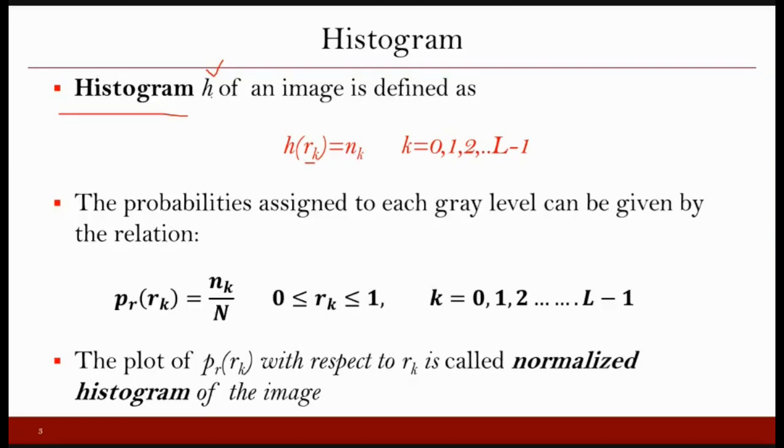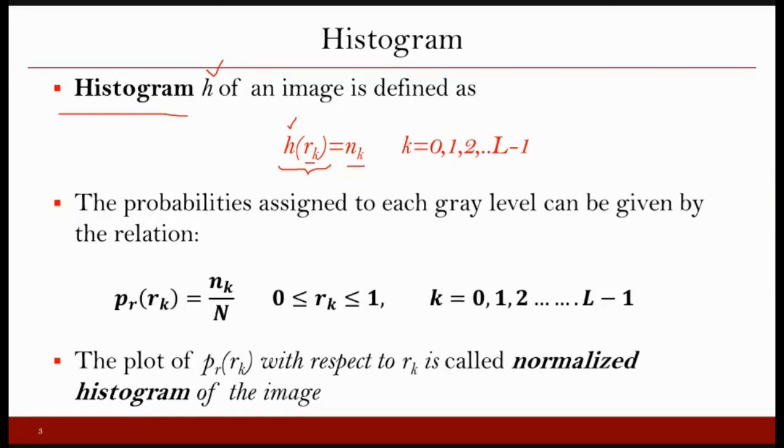So you can say that h is a kind of function, and its value at r_k is equal to n_k, which gives you the number of pixels that have the gray level r_k.